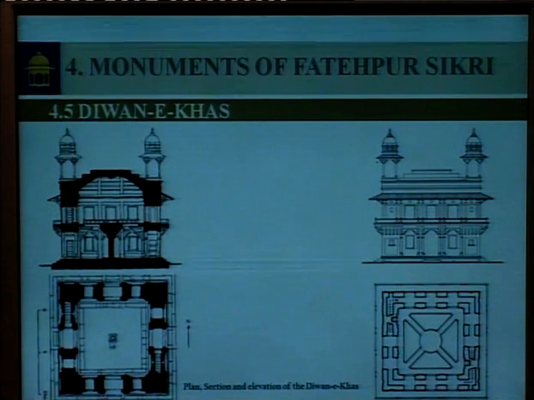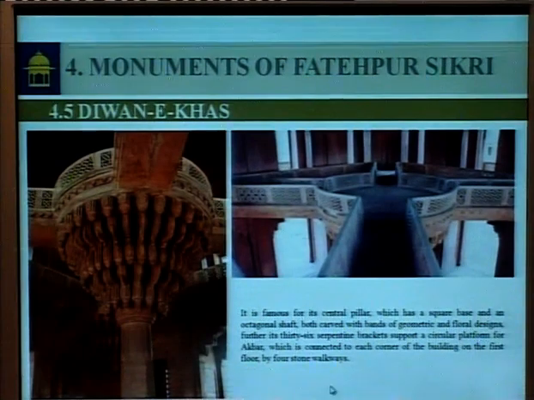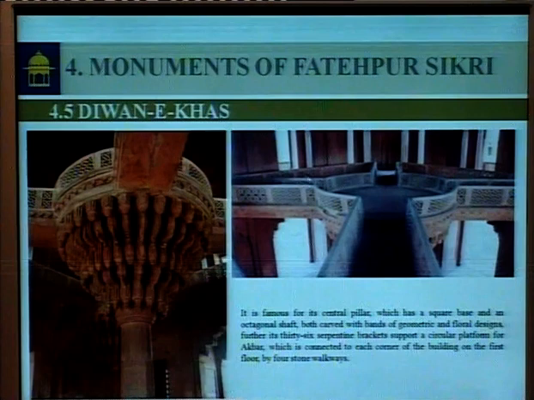On the left side you can see in the plan, and this is how it looks. Look at the ornamentation and the carving, and there is a small railing kind of affair you can see, more noticeable in the visual on the right side.